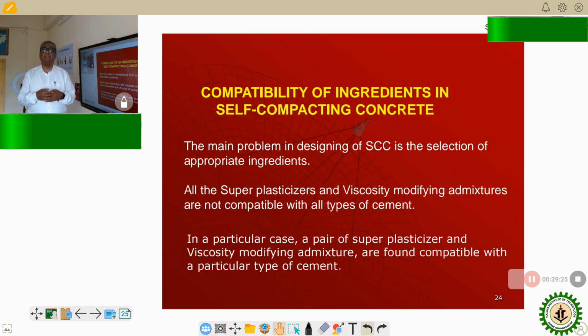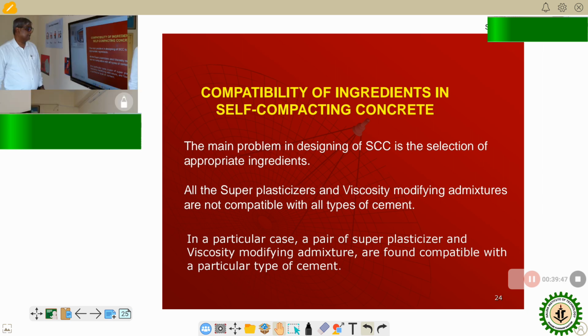Maybe when you are using these two, they are not compatible, they are not giving you the expected result. But for a particular combination of chemical mixture and the cement from two different companies, it may be compatible. And so that's why there are many things regarding your selection of appropriate ingredients.